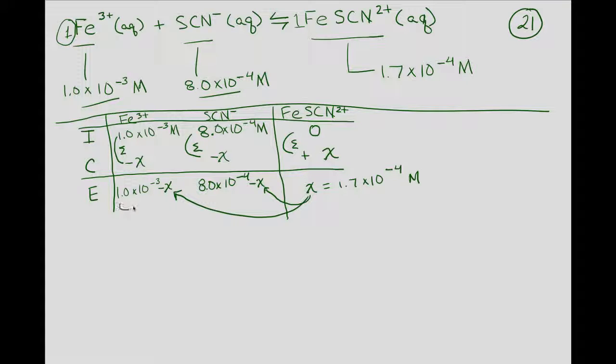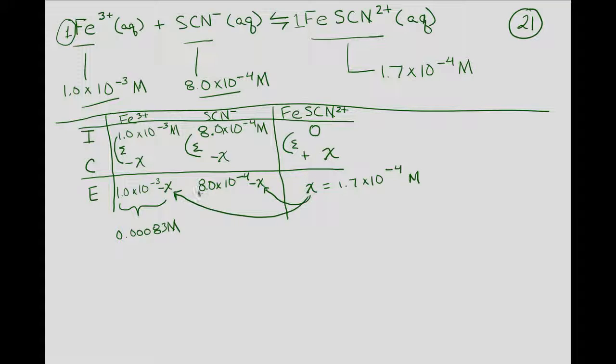Now, let's solve for this. 1.0 times 10 to the minus 3 minus 1.7 times 10 to the minus 4 gives you, if you plug it in, 0.00083 molar.